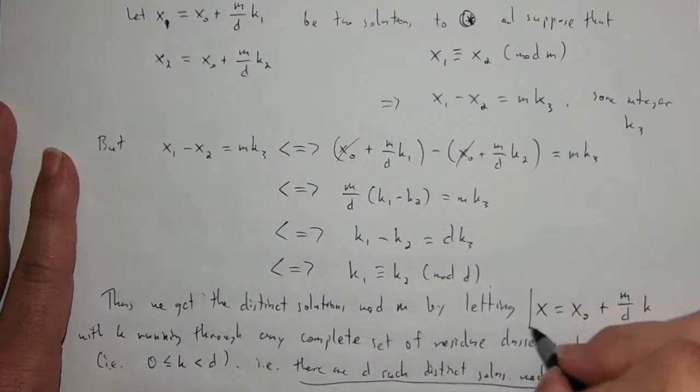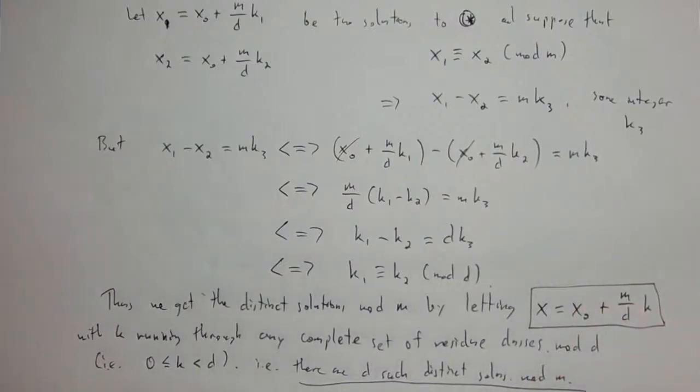This is how we obtain them. And this is why there's d of them, because if we just count any complete set of residue classes, there's going to be d choices there. Easiest way to see that is only consider least non-negative residue classes.